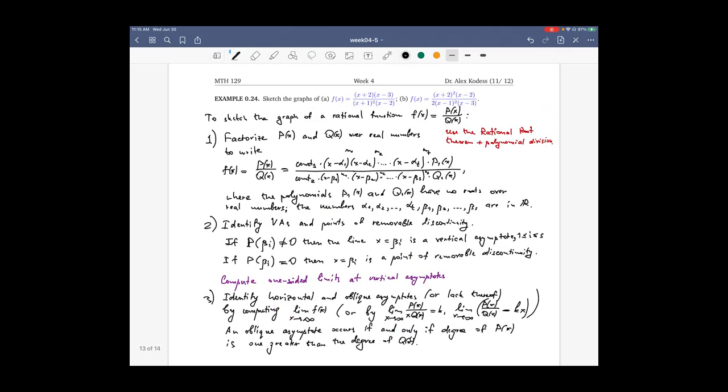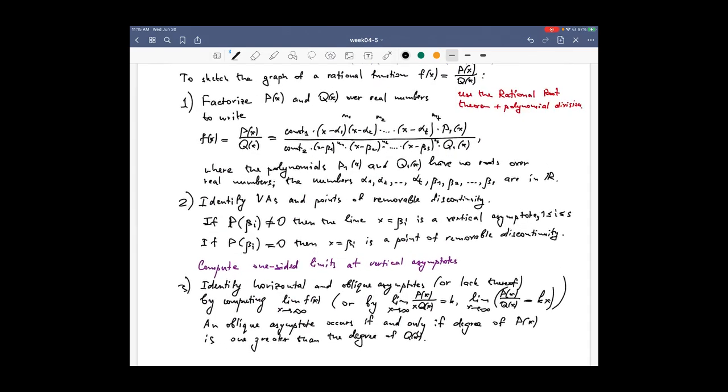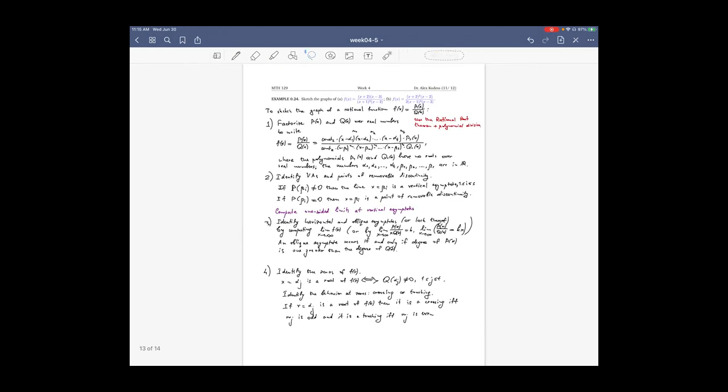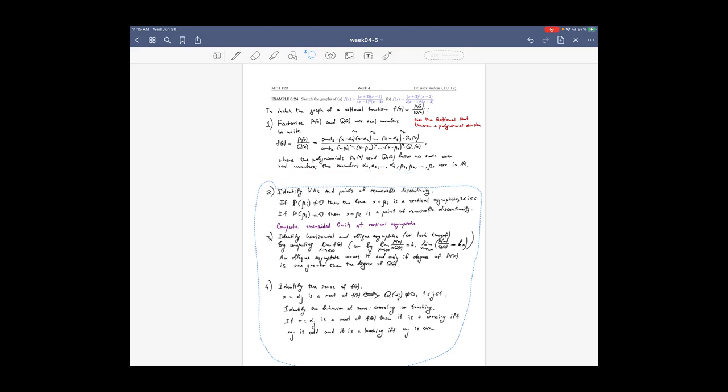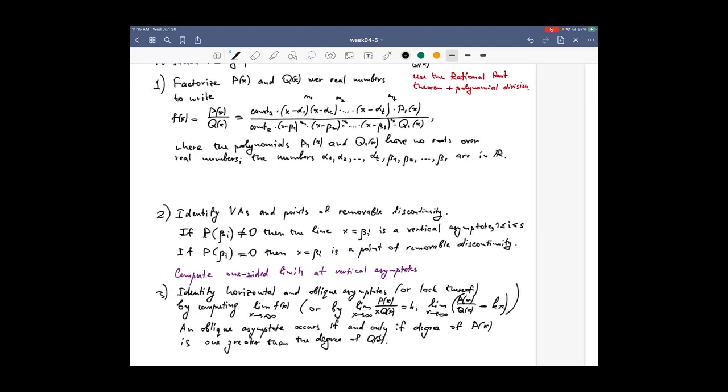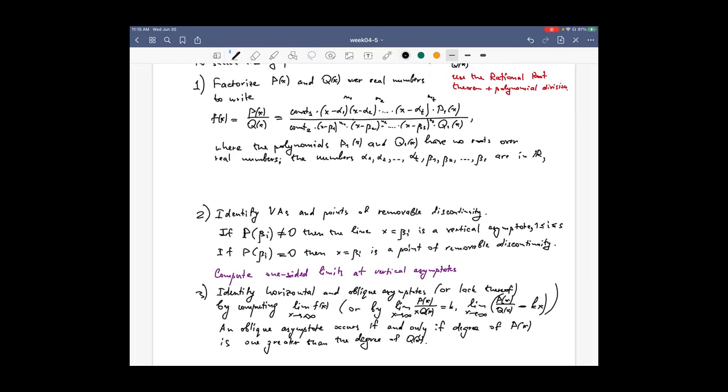We should add here that all m1, m2, etc. mt, and n1, n2, etc. ns are positive integers.